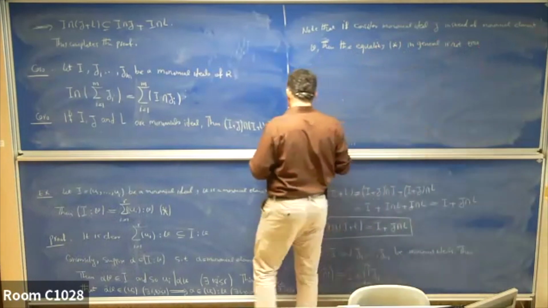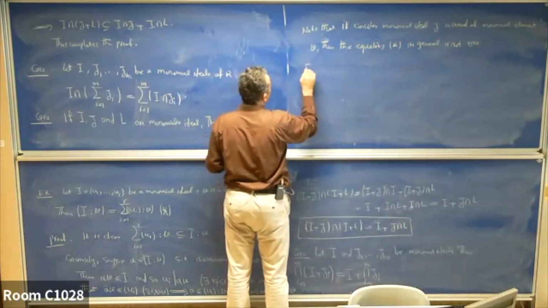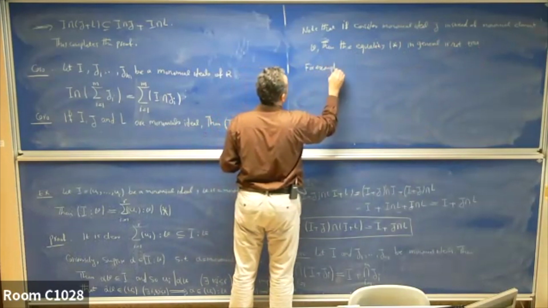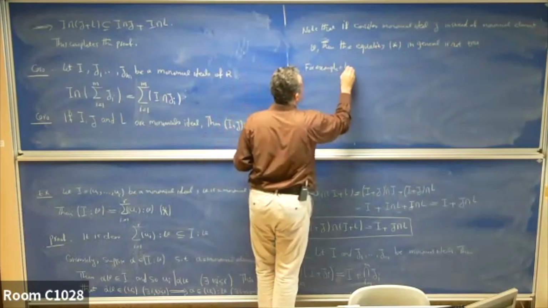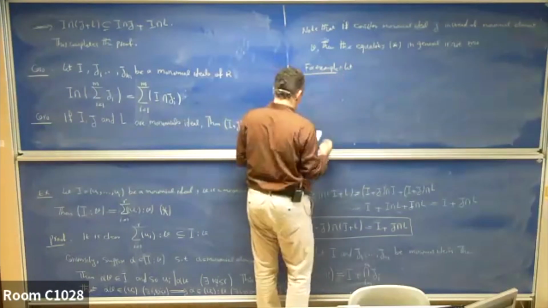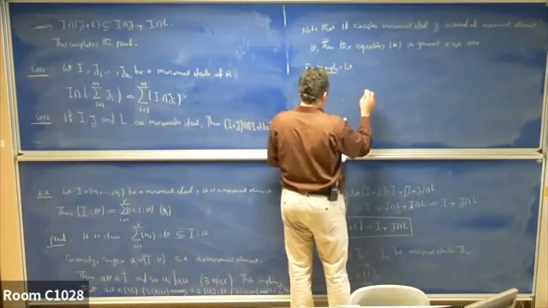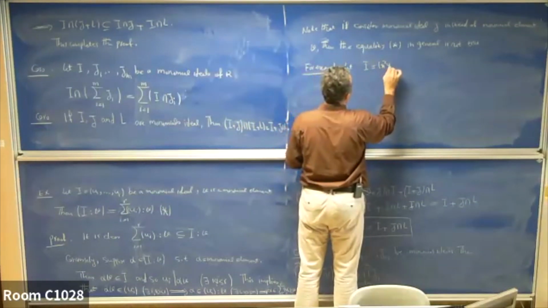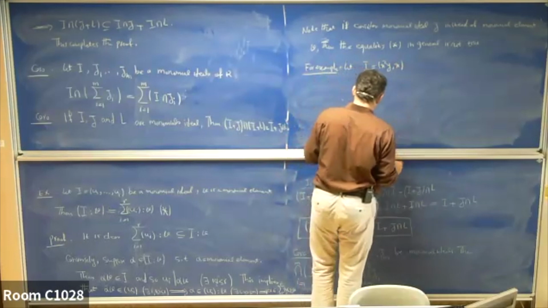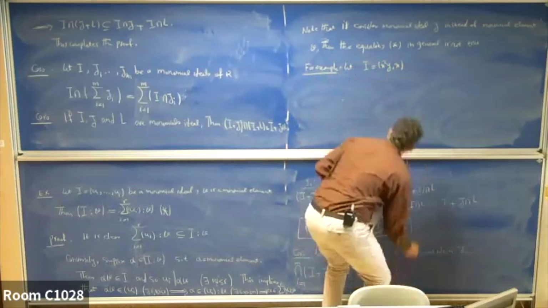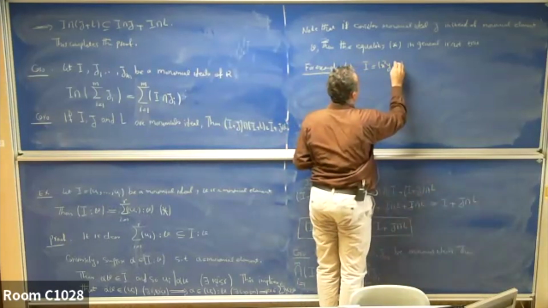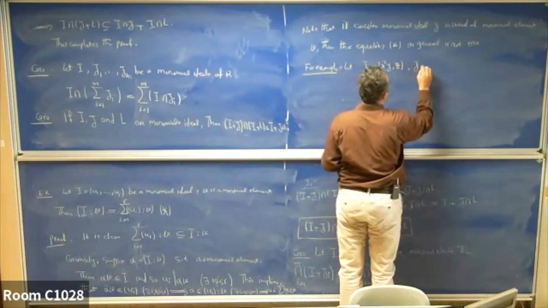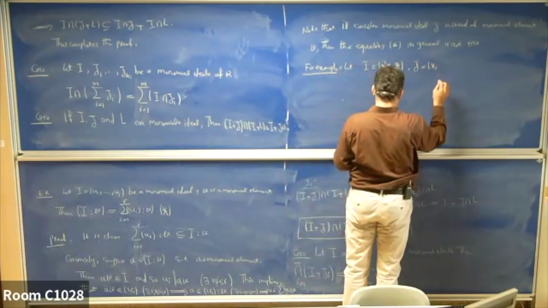So for example, let I equal (x^2, y) and (x, z), and J is the ideal (x, z).